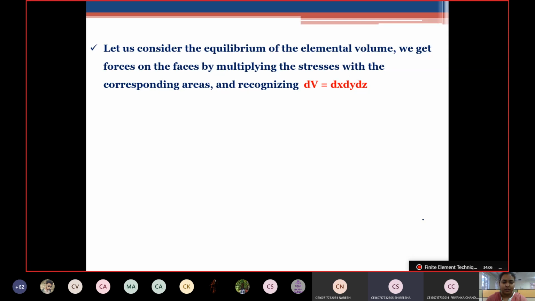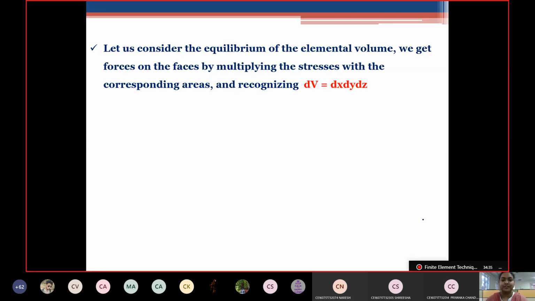Sigma H equal to 0, sigma V equal to 0, sigma M equal to 0. Can you elaborate, please? Algebraic sum of horizontal forces equal to 0. Yes. Algebraic sum of vertical forces equal to 0. Yes. Sum of moments equal to 0. Okay. Thank you. That would be the equilibrium equations when a 2D element is considered.